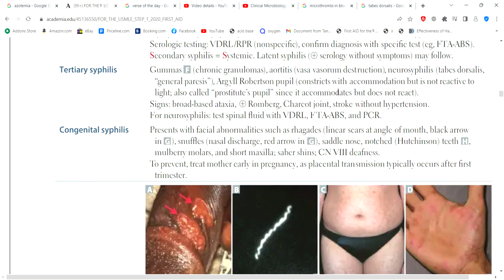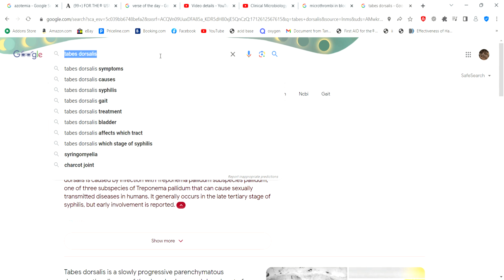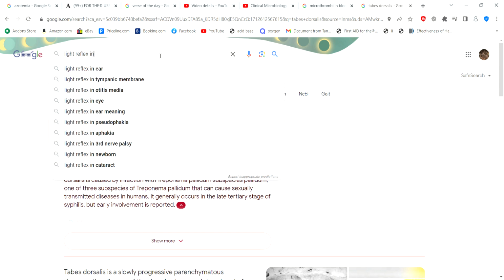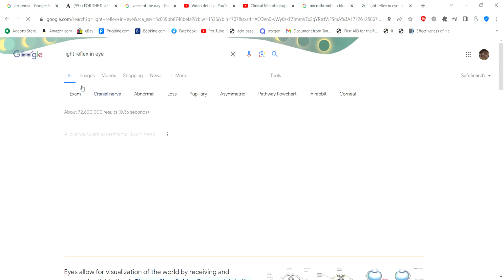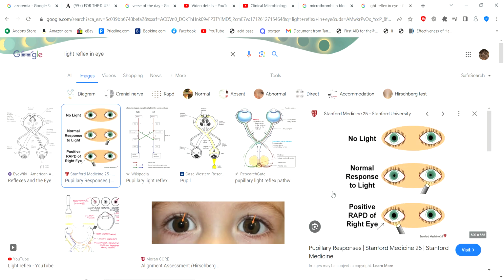You know how when you shine the light in somebody's eye, it's supposed to be equal and reactive. See this. When there is no light, this is normal, and it's dilated.